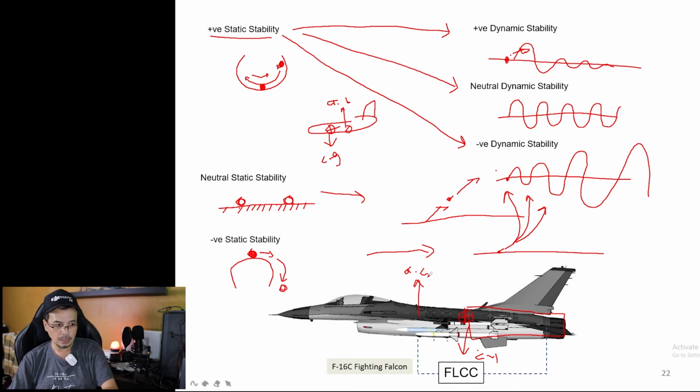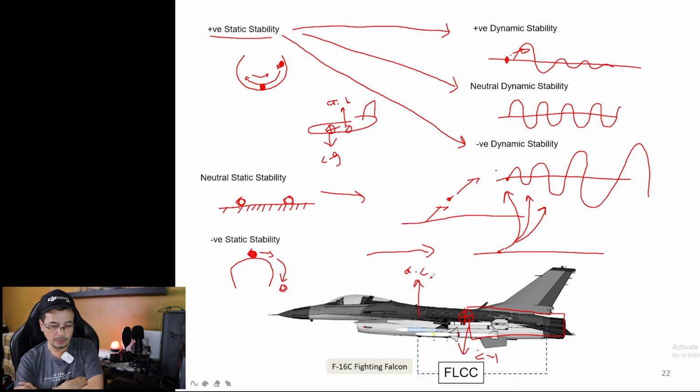So they use a flight control computer system to compensate the flight, so that even though it has negative static stability, it has to be controllable. Otherwise it goes haywire.